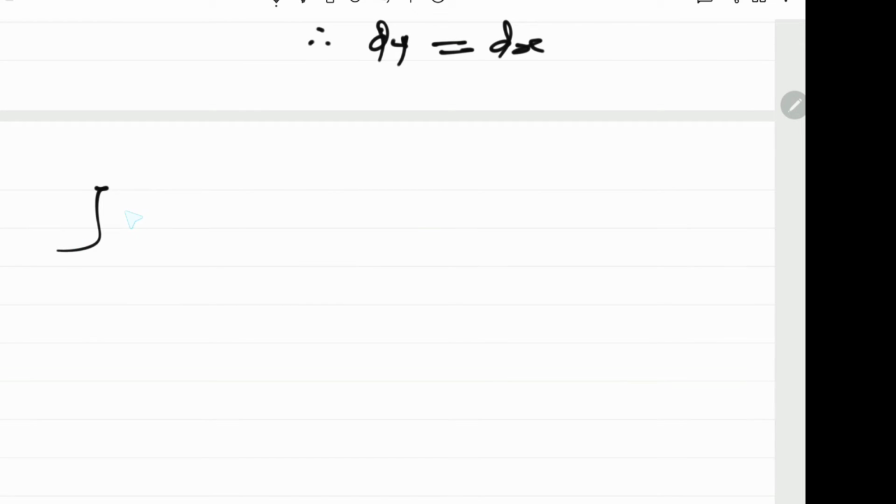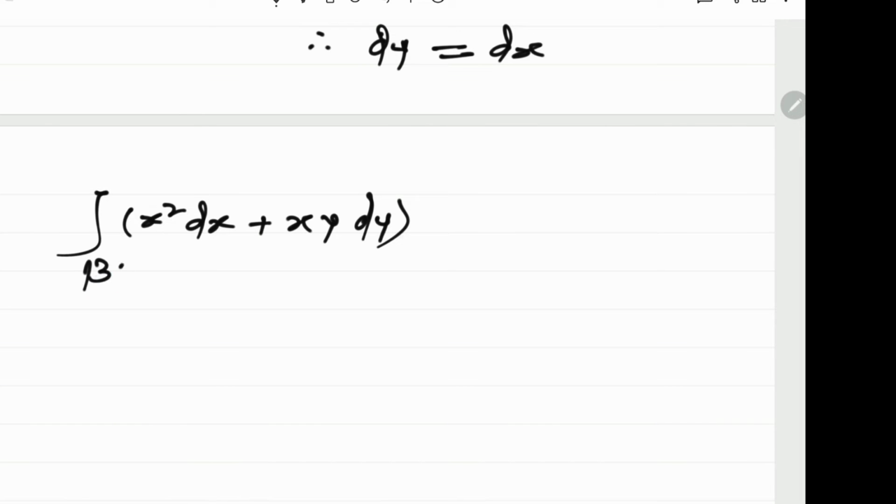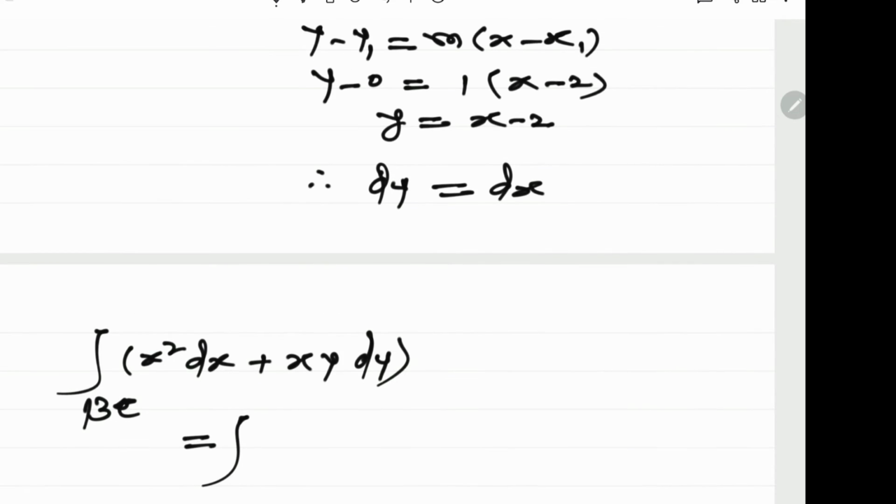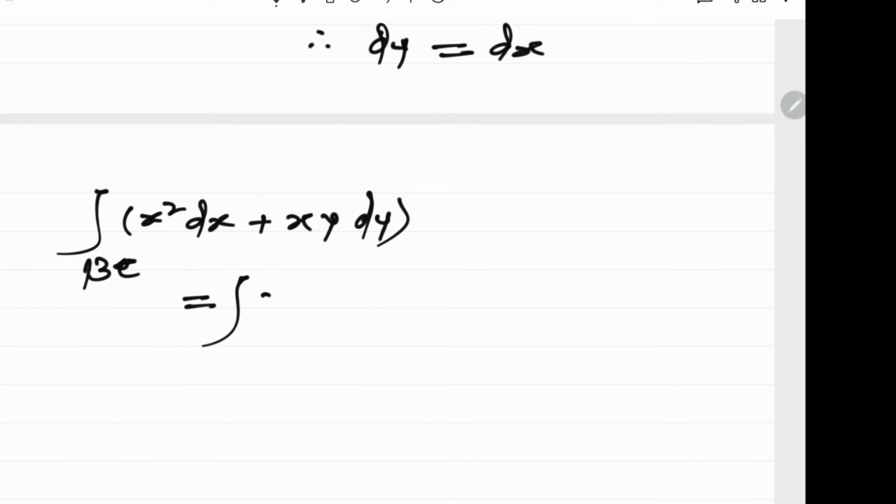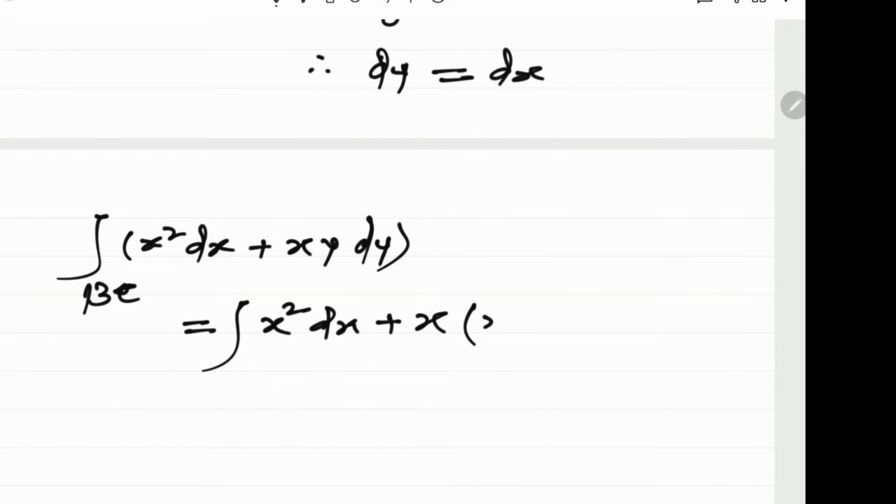And therefore, the line integral of x square dx plus xy dy over BC becomes x square dx, no change, x square dx as it is, plus x into y, where y is x minus 2.